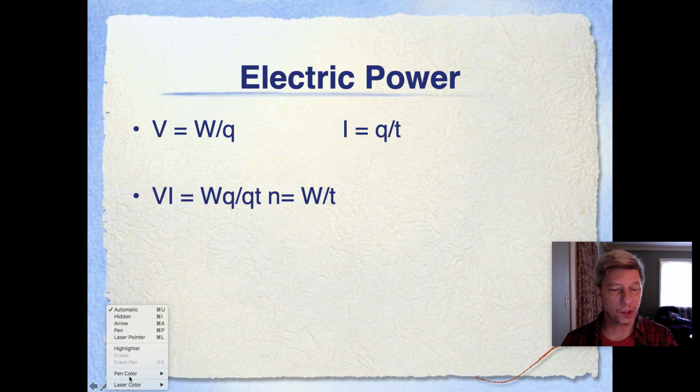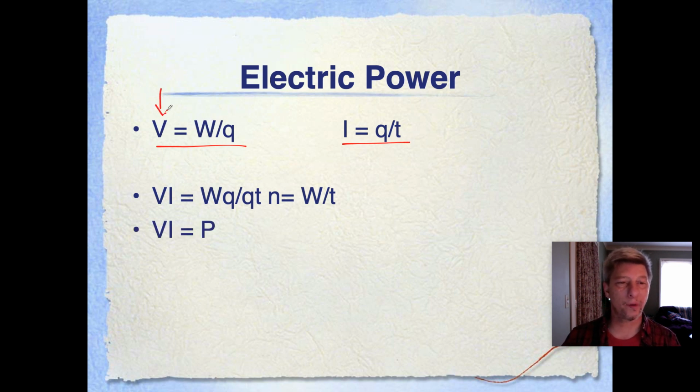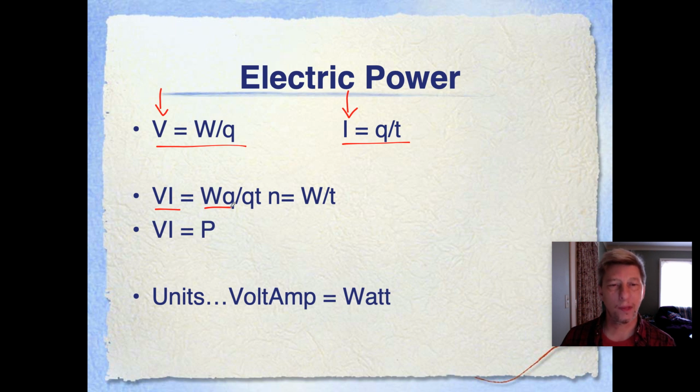And so we start with this formula and this formula, and we then multiply the voltage that we have here and the current that we have here together. And since voltage is equal to work divided by charge, and because current is charge divided by time, that gives us work times charge over charge times time.